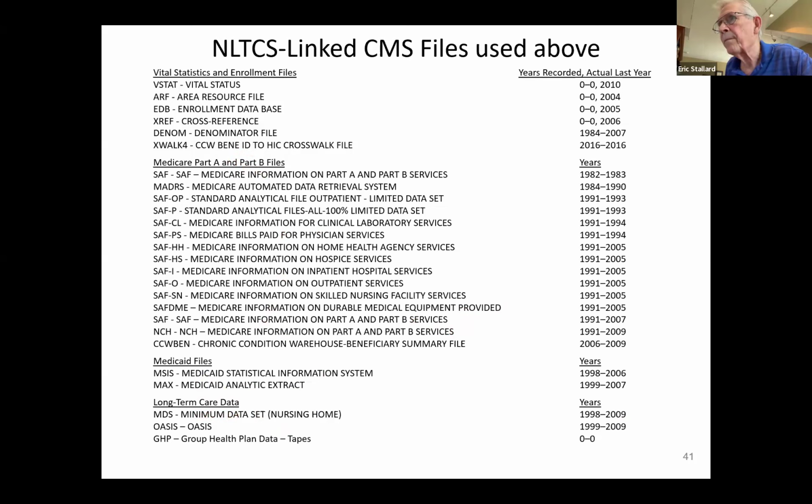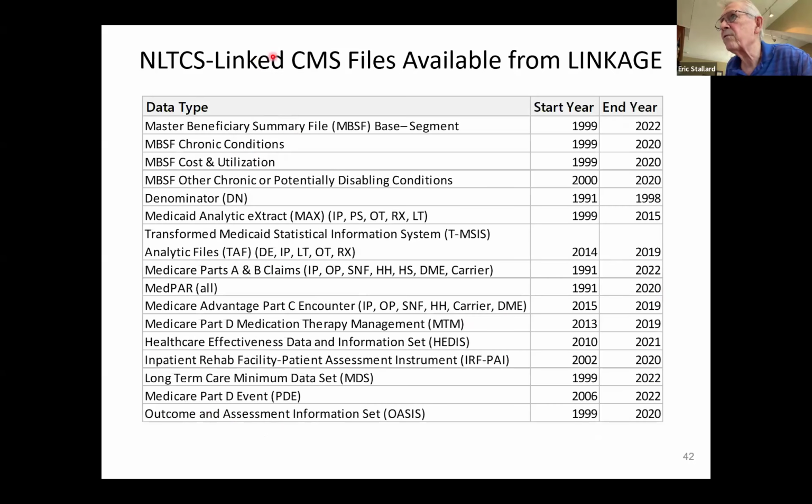The new release, this is the files that will be available from Linkage, and you can see that the end years are through 2022, but very shortly we'll be able to extend those in time. But just getting to 2022, I had estimated that we had around 5,500 people still being tracked at that time.